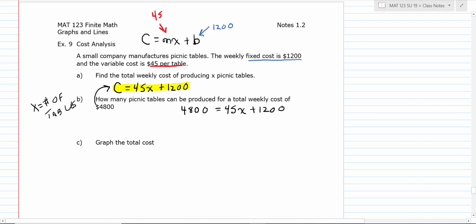We've spent a lot of time learning how to solve equations because it's a major part of basic applications in business and other areas. So what I'm going to do is get the x by itself on a side. I'm going to do like I've been showing you, just rearrange so you have 4,800 minus 1,200 is equal to 45x.